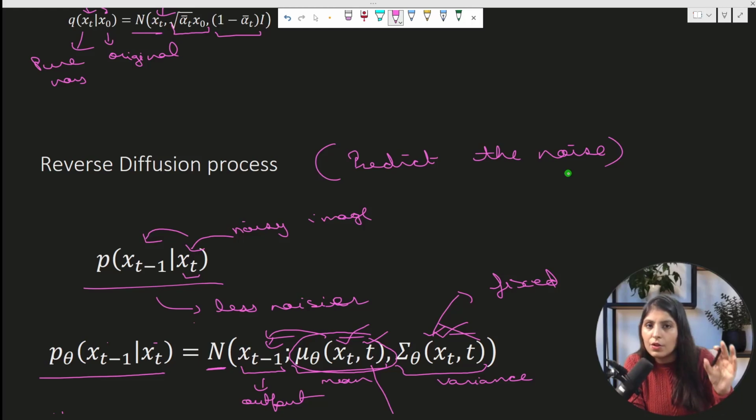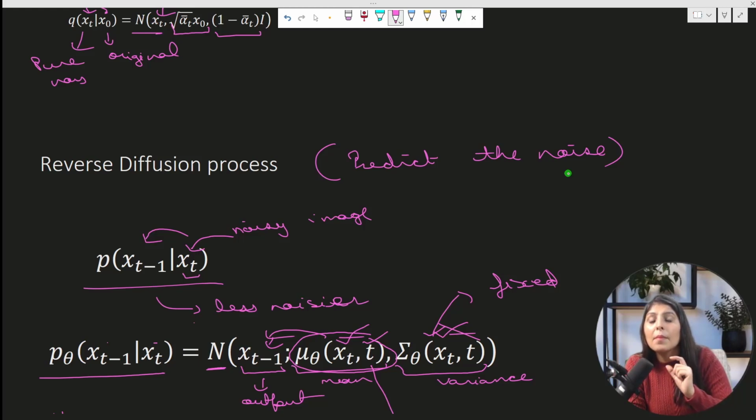Finally we got the noisy image, pure noise. And in the reverse diffusion process, we want to train the model to predict the noise, and if you can predict the noise, we can easily subtract the noise from the image, and at every time step you will get the less noisier image. So we'll understand this whole concept in detail.